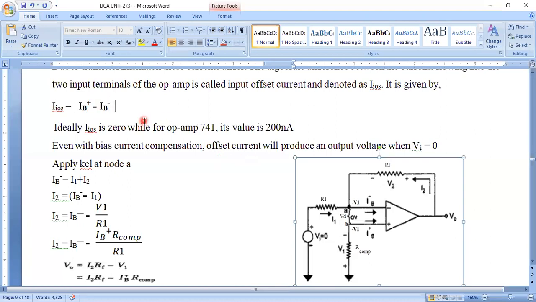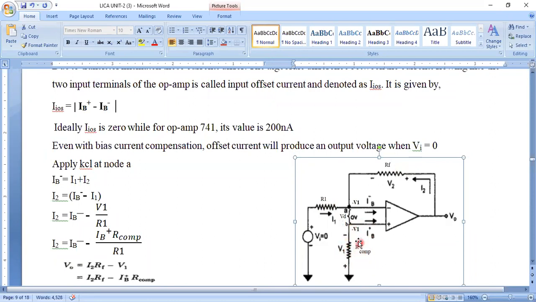Even though it is very small, with a magnitude of 200 nanoamperes, we connected three resistances: R1, RF, and R compensation.